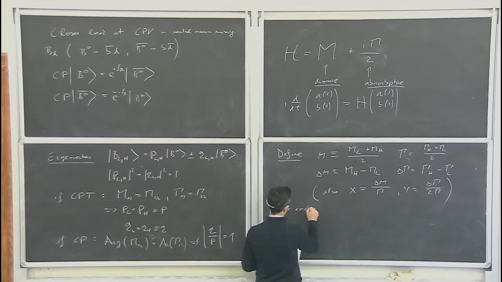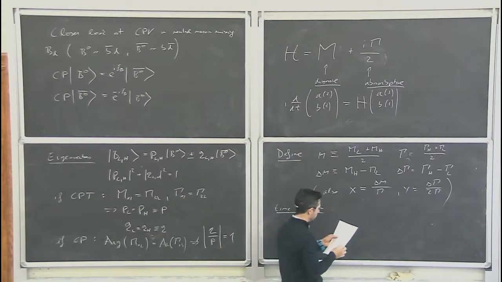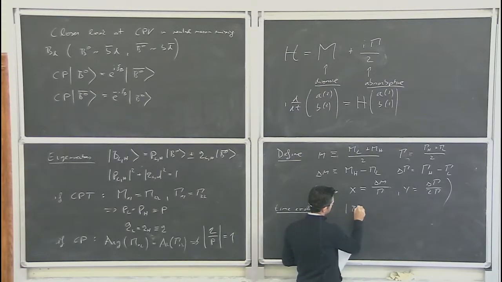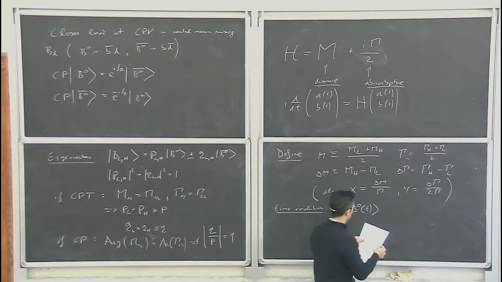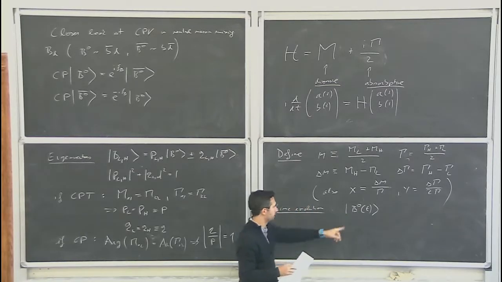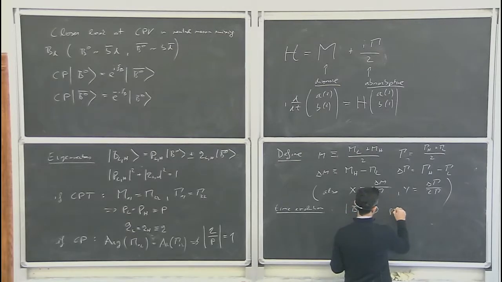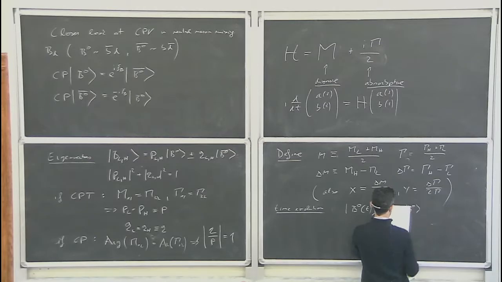So the time evolution can be written as follows. I will denote B naught of t as the state which started out at t equals 0 as a pure B naught flavour eigenstate.